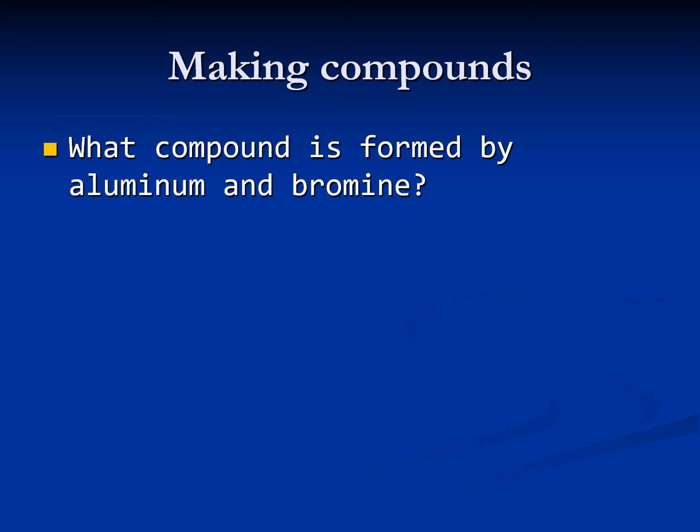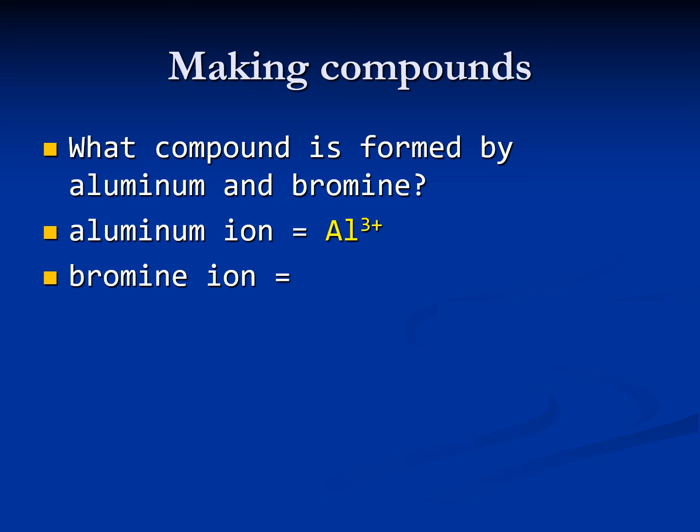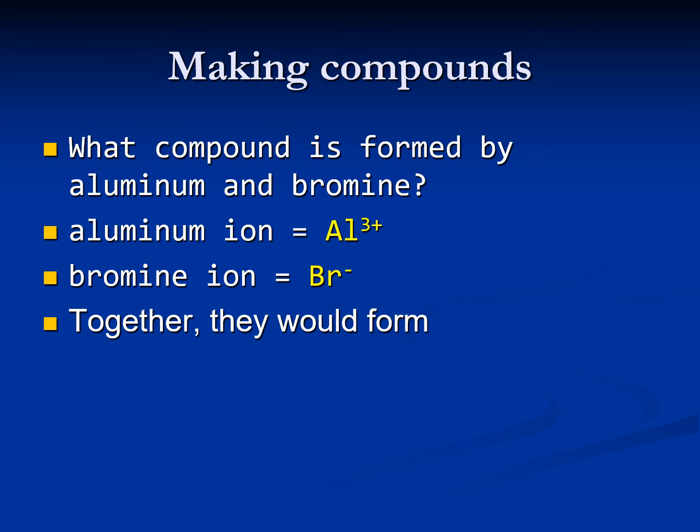Another example, what about aluminum and bromine? Aluminum is in group 13 on your periodic table. It should have a +3 charge. Bromine stays -1. Again, if you write them side by side, we notice this is not neutral.